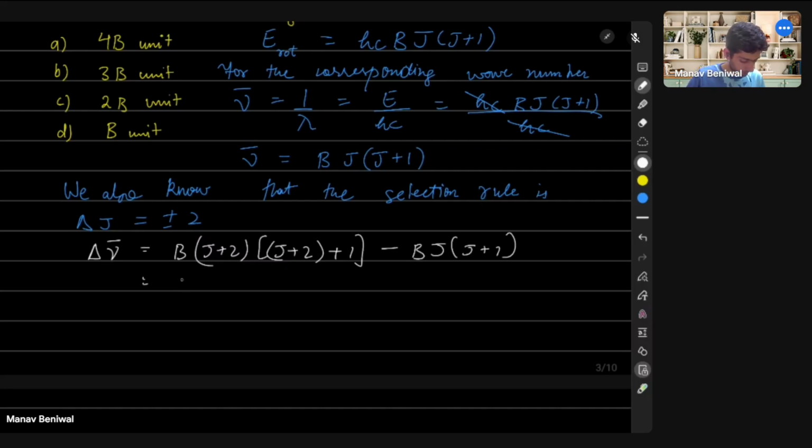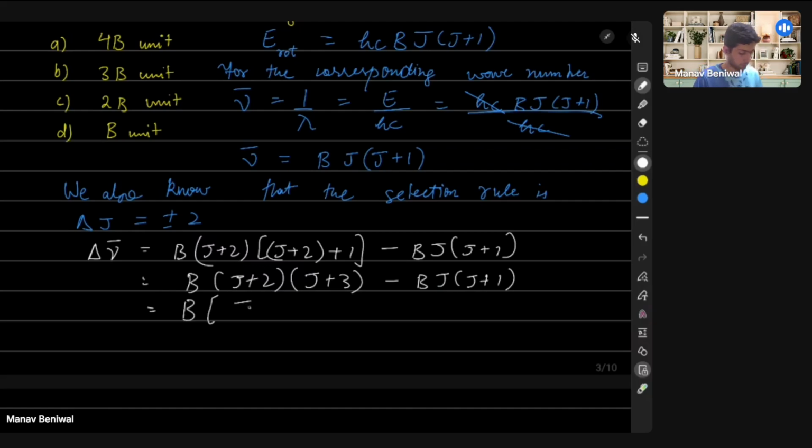So this will be B times (J plus 2)(J plus 3) minus BJ(J plus 1). Let's take B outside.